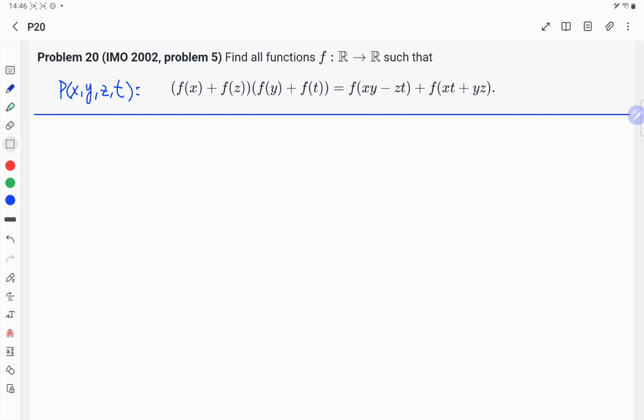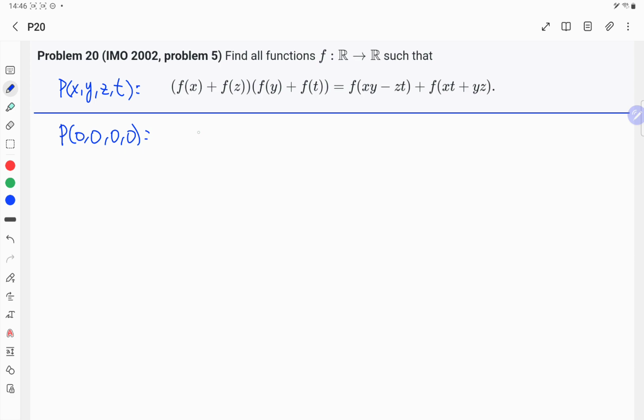At the first step, let's try to replace all four variables with 0, so we can hopefully find f(0). So let's see, P(0, 0, 0, 0). The first term will be 2f(0) times 2f(0), so on the left side we have 4 f(0) squared.